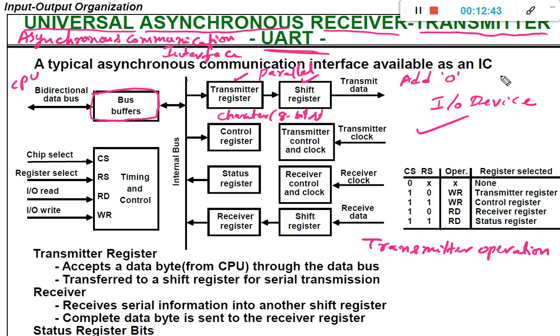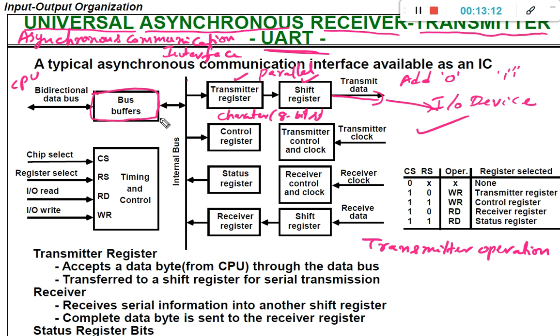Generally the stop bits may be either 2 ones or a single one. For example, if it is 2 one bits, then it will append 2 one bits to the data. After doing so, it will start transmitting the data to the IO device. Okay, so this is how the transmission operation is carried out.